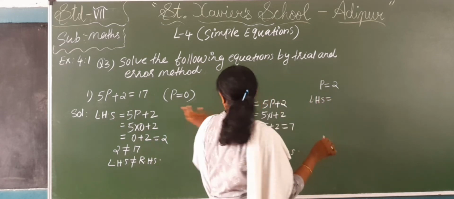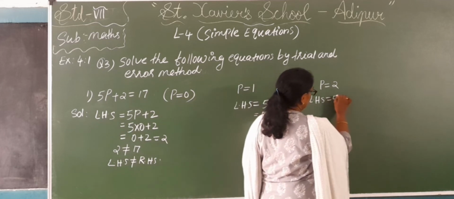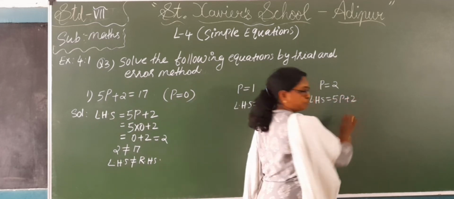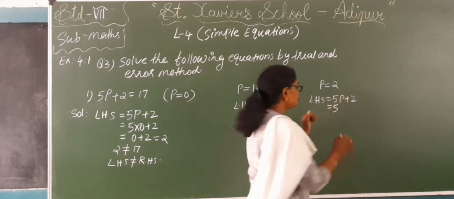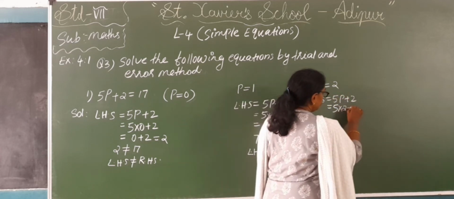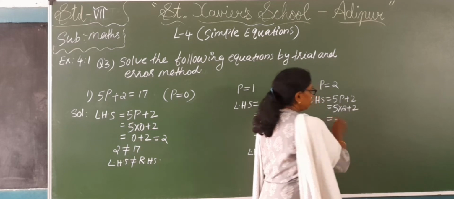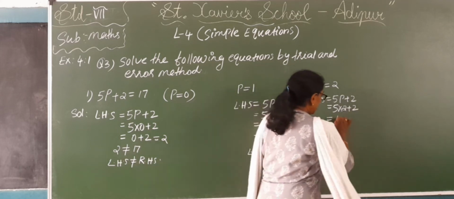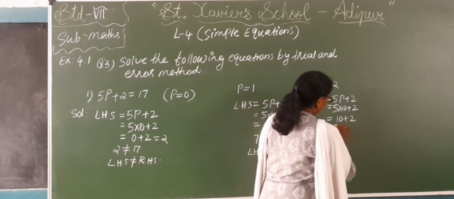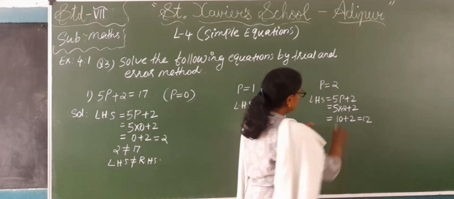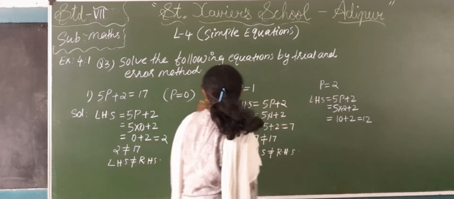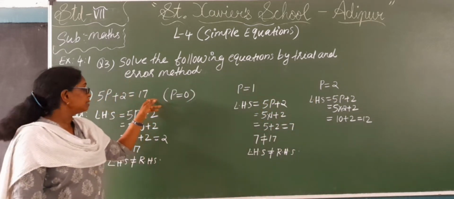LHS is equal to 5p plus 2. P is equal to 2. 5 into 2 plus 2. 5 twos are 10. Okay, 10 plus 2. What is the answer? 12. RHS is 17.